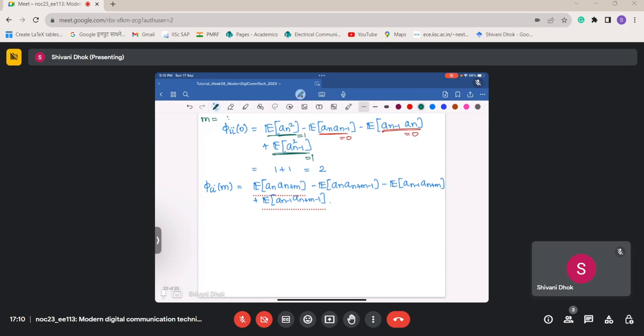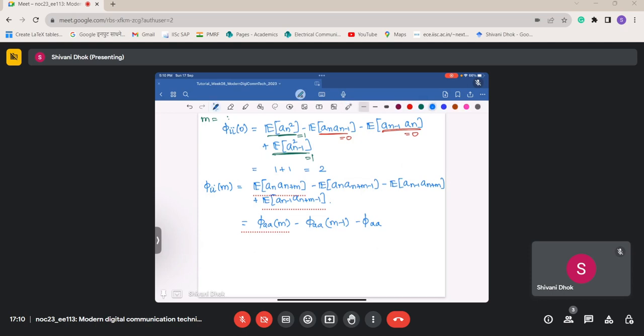So now what we can do is write this as phi_aa of m minus phi_aa of the difference between these two quantities, so this will be m minus 1, minus phi_aa of this quantity subtracted from this quantity, that is n plus m minus n plus 1.